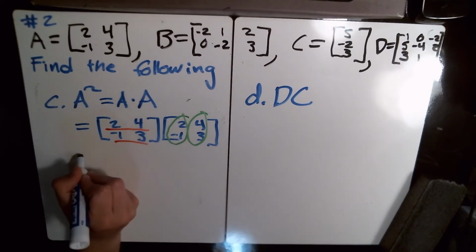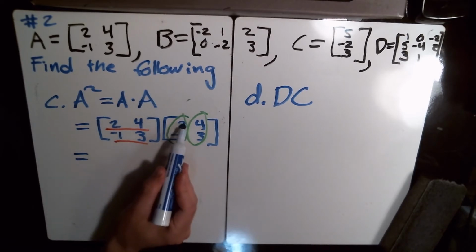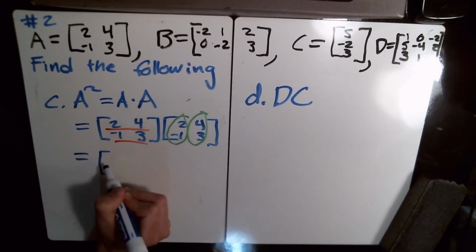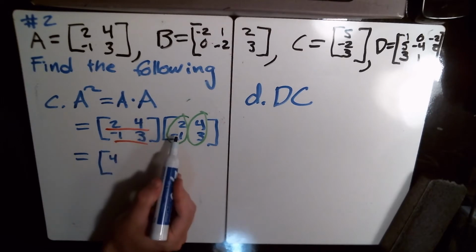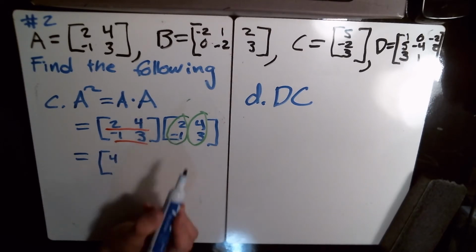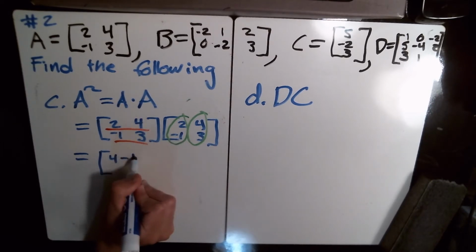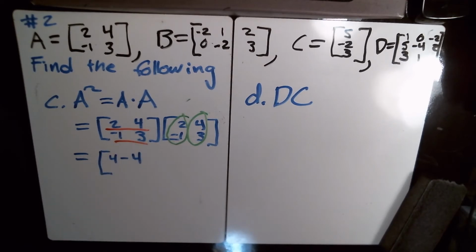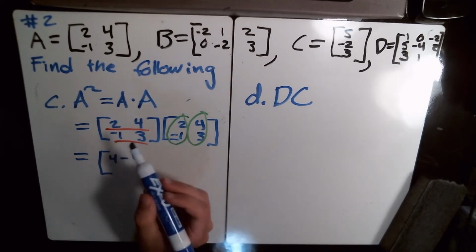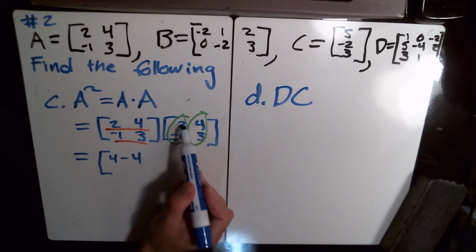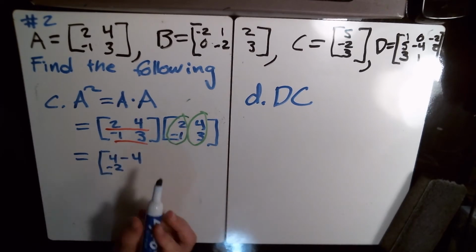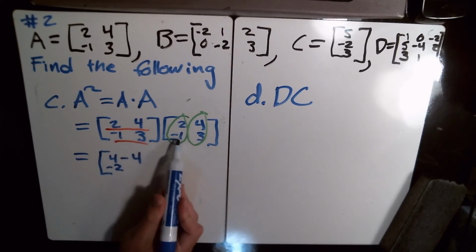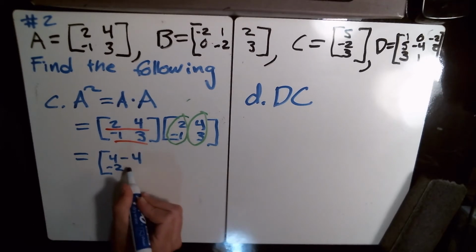When we do this, I do 2 times 2 is 4, and then plus 4 times -1 is -4. Now, -1 times 2 is -2. 3 times -1 is -3.